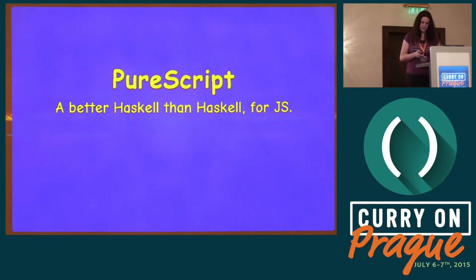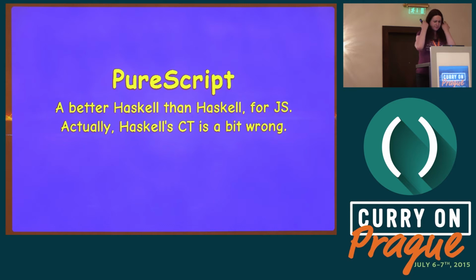Now I'd like to talk about PureScript. PureScript is a better Haskell than Haskell, I'd like to say. It's a very, very bold statement. But my argument here is that it sort of learned from the mistakes of Haskell and has started out with a clean slate, avoiding the more obvious things. Like, it goes, actually, Haskell, I think you did that functor monad thing wrong.